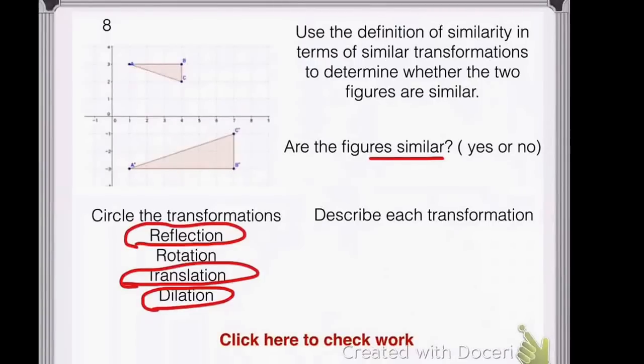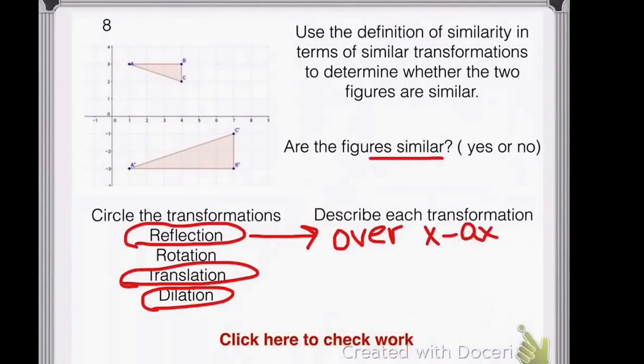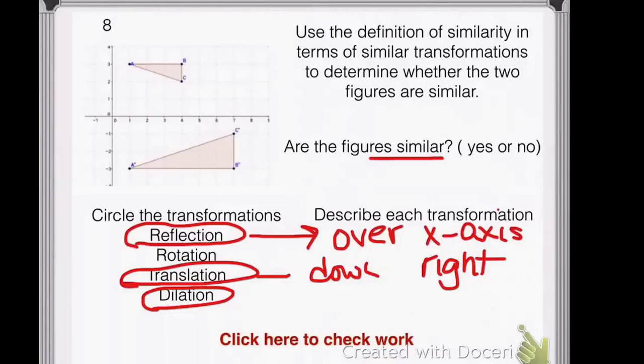So the last thing we want to do is describe the transformations. So if I describe the reflection, it's over the x-axis. If I describe my translation, I could say it moved down, and it moved right.